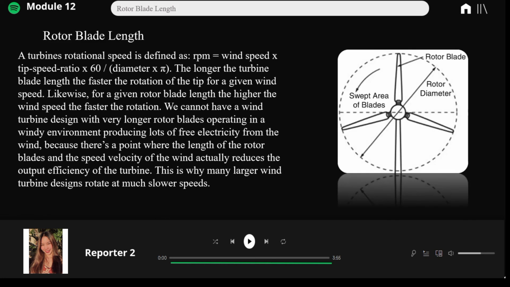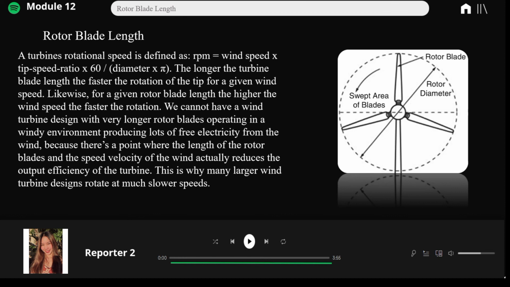A turbine's rotational speed is defined as RPM equals wind speed times tip speed ratio times 60 over the diameter times pi. So, the longer the turbine blade length, the faster the rotation of the tip for a given wind speed. Likewise, for a given rotor blade length, the higher the wind speed, the faster the rotation.